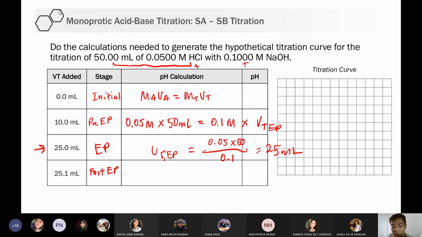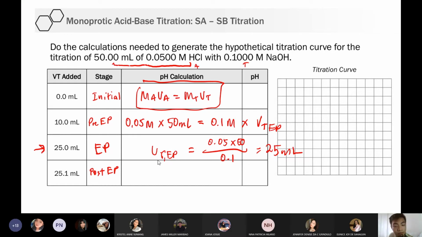Okay? So, yun yung una mong gagawin. Ano yung una mong gagawin? Alamin mo kung ano yung volume ng titrant at equivalence point. What equation ang gagamitin? Ito. This equation will give us an idea ano yung volume ng titrant at equivalence point. Plug in mo lang ito, pati ayon.